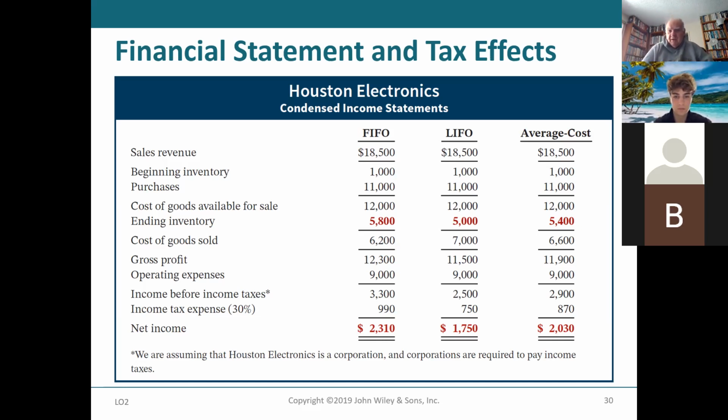Why would companies choose LIFO, FIFO, or average cost? Well, LIFO is pretty obvious. Look at their reported net income. It's only $1,750, right? That's $560 less than the FIFO. They're going to pay a lot less in taxes. Let's say that's a big company. That's $560, say $5 million.